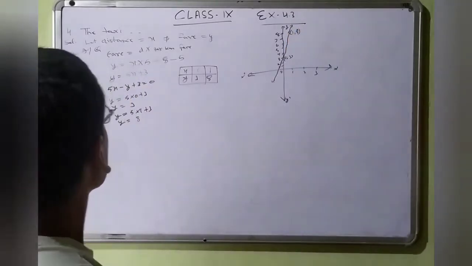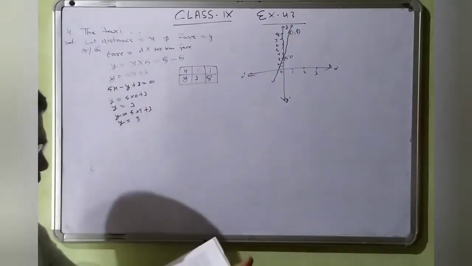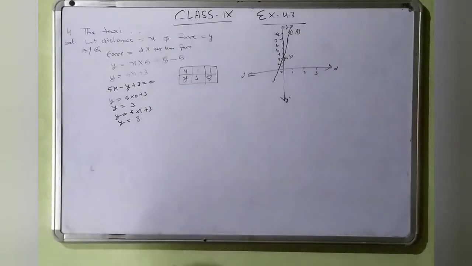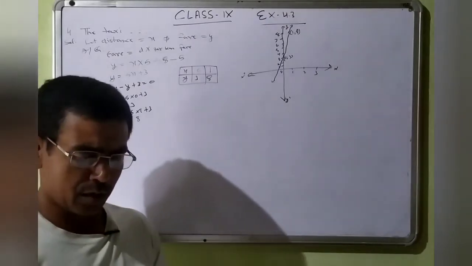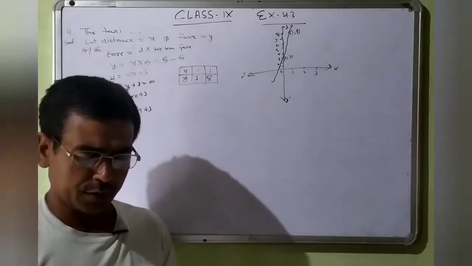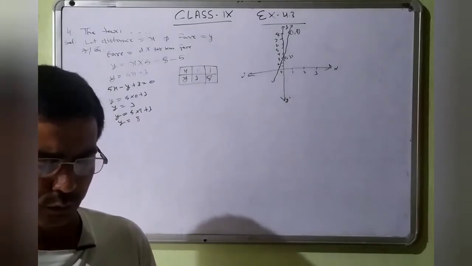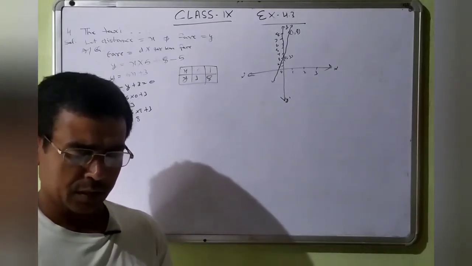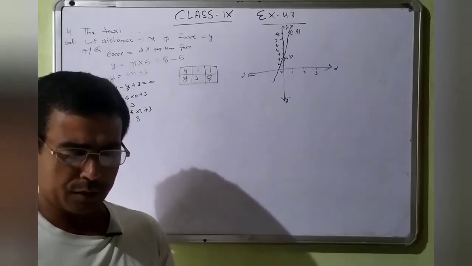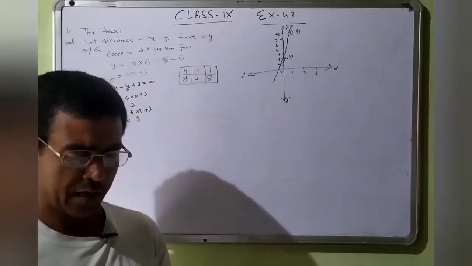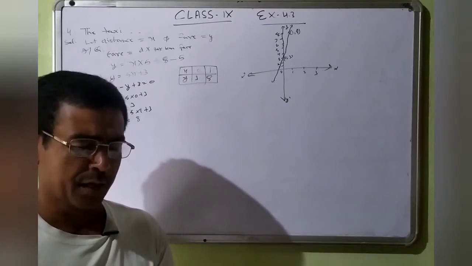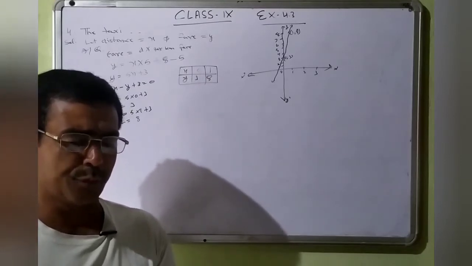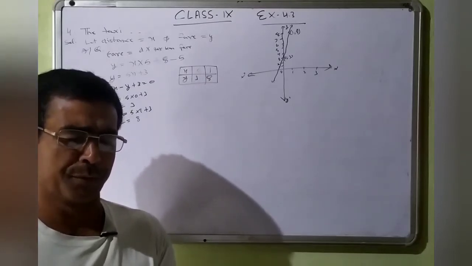Right? Question number 4 is optional. So question number 6. If the work done by a body on application of a constant force is directly proportional to the distance travelled by the body, express this in the form of an equation in two variables and draw the graph of the same by taking the constant force as 5 units.